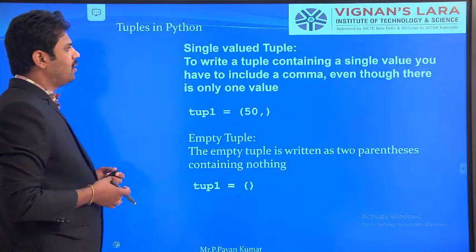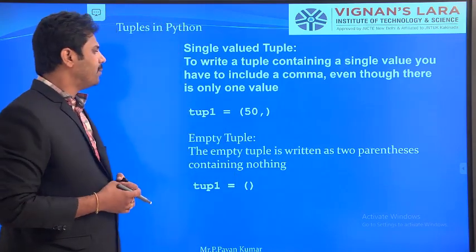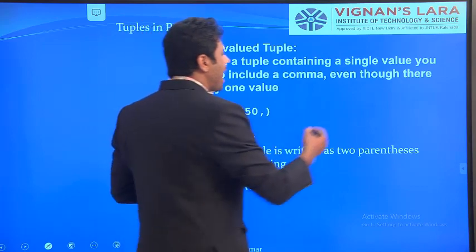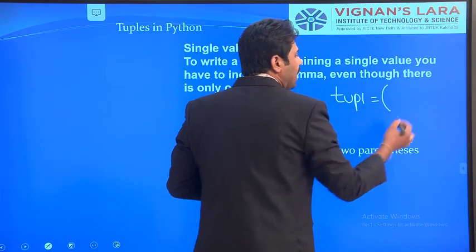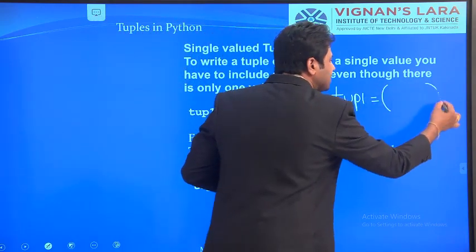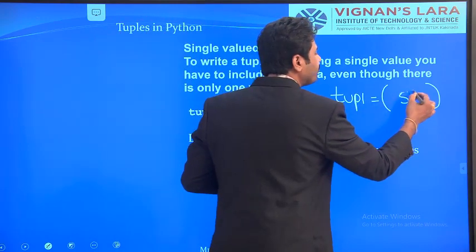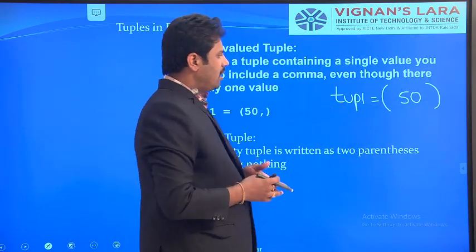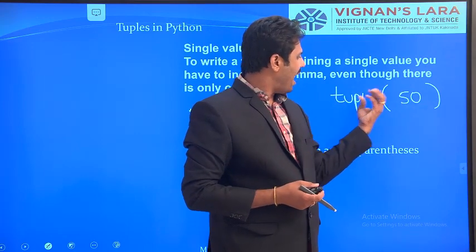Next, here we have a doubt: single valued tuple. For example, I have a tuple. How can you represent a tuple? With parentheses. I have the information 50. This is the tuple, I have a value.